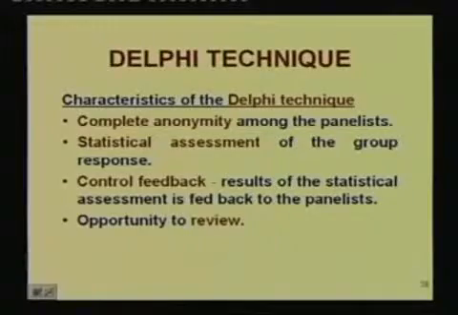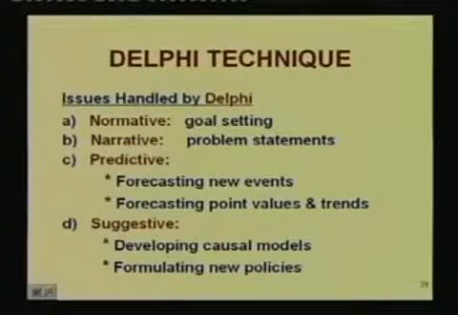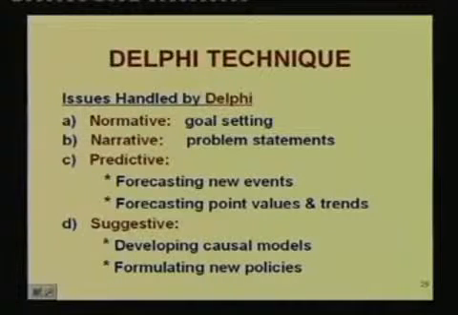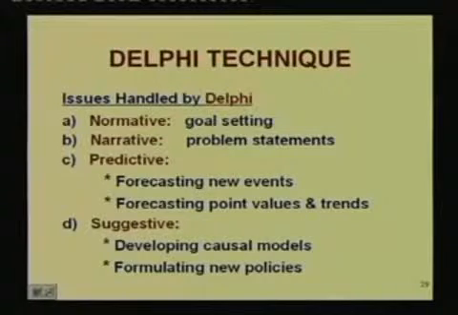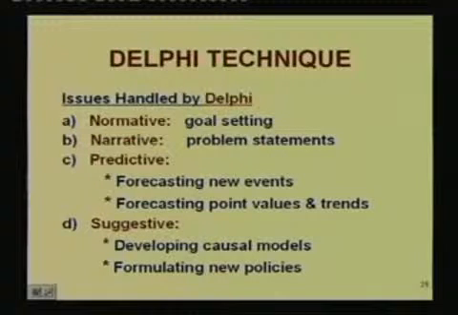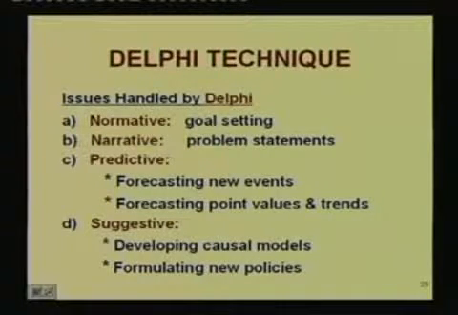If consensus is achieved, that means experts have changed their stand, then we say that DELPHI technique has become successful. Now the issues handled by DELPHI: there are normative DELPHI for goal setting, narrative DELPHI for problem statements, identifying problem statements, predictive DELPHI for forecasting new events or forecasting point values and trends, suggestive DELPHI for developing causal models or for formulating new policies.